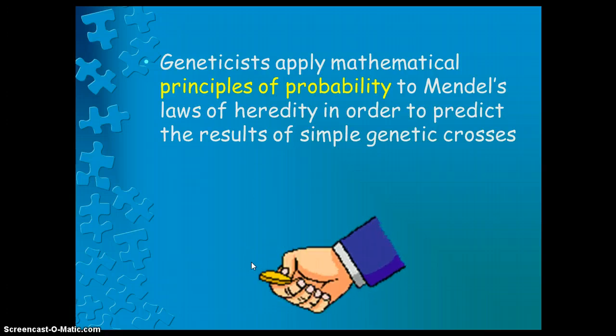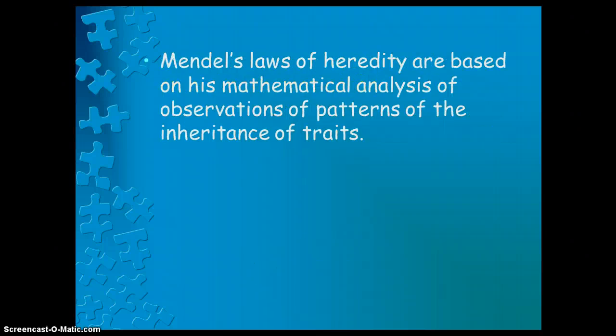Geneticists apply mathematical principles of probabilities to Mendel's laws of heredity in order to predict the results of simple genetic crosses. And Mendel's laws of heredity are based on his mathematical analysis of observations of patterns of the inheritance of traits. What that means is he was observing specific probabilities.